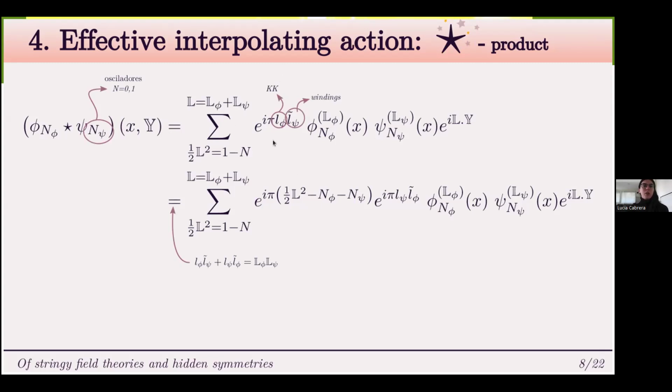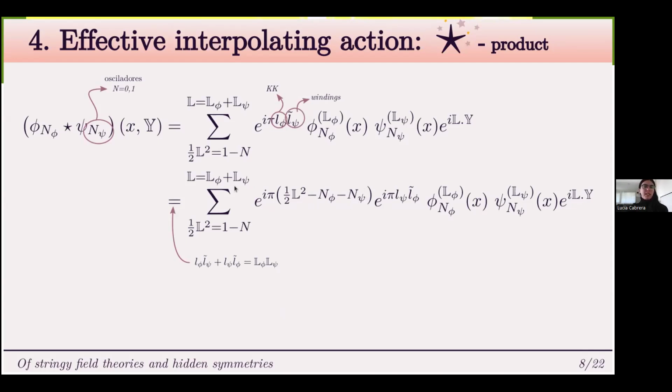So if we were to rewrite this phase in terms of what the product between the generalized momenta L phi and the generalized momentum L psi looks like, we would see that it splits into these 2 bits. So first of all, to the leftmost part, we have what looks like the general expansion of the commutative product, and we have an overall phase depending on the overall momentum L, the oscillator number of the field phi, and the oscillator number of the field psi.